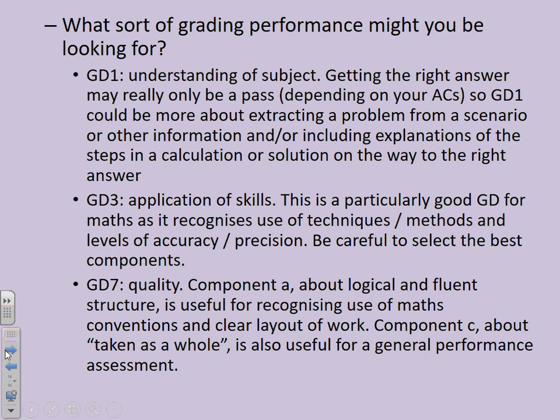Component A in grade descriptor 7 is about logical and fluent structure, and this is useful for recognising the use of mathematical conventions and for using clear layout in their work. Component C, which is about taken as a whole, is also useful because this gives you a general performance assessment.